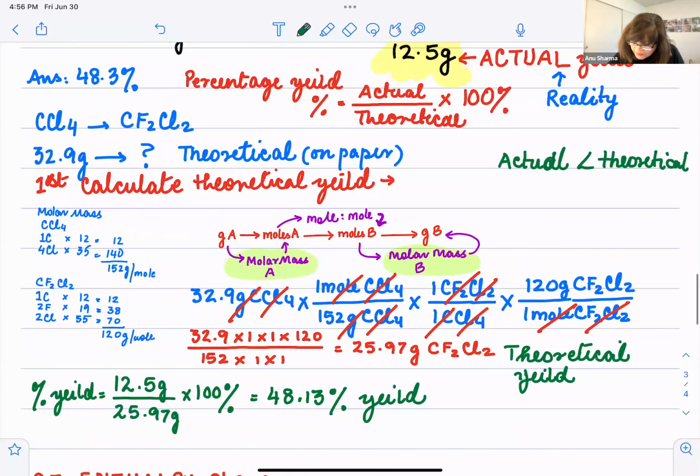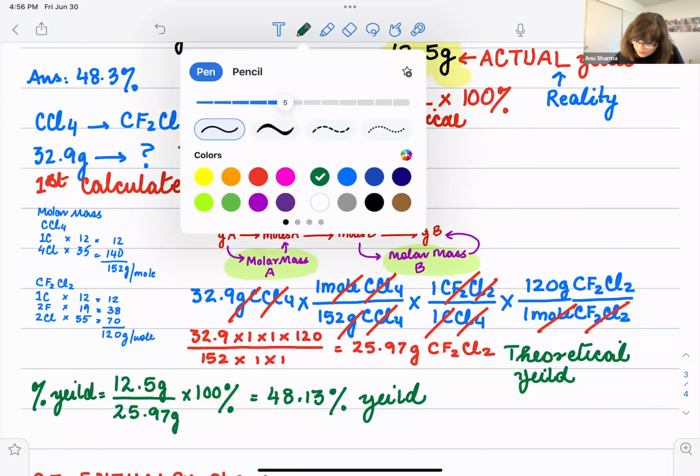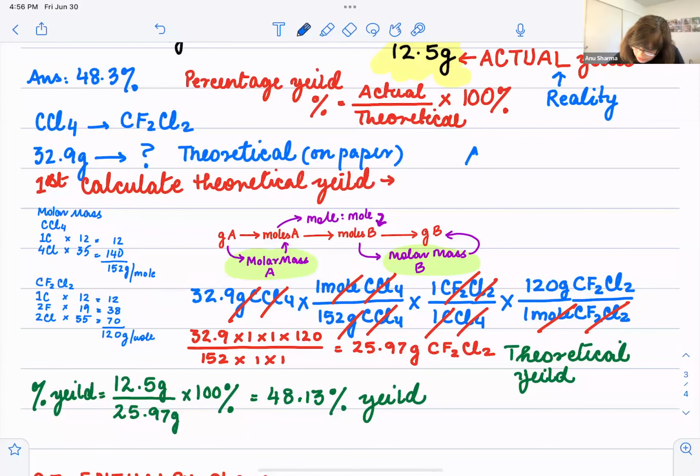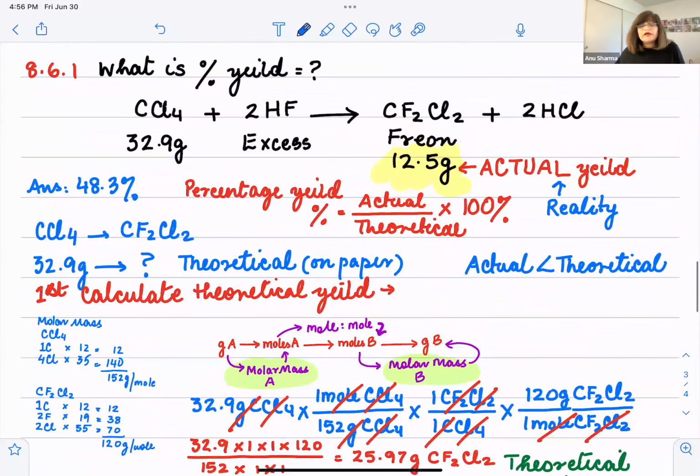Some loss will be there, which means you will lose product. So actual amount is less than theoretical. All right, so that is your 8.6.1, the percentage yield.